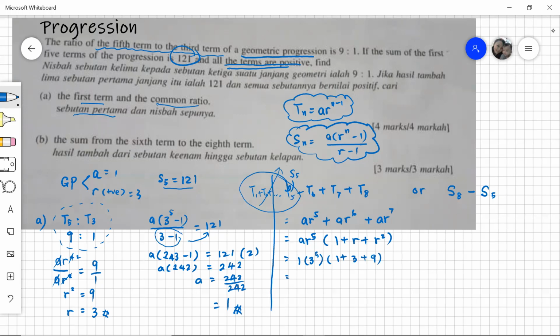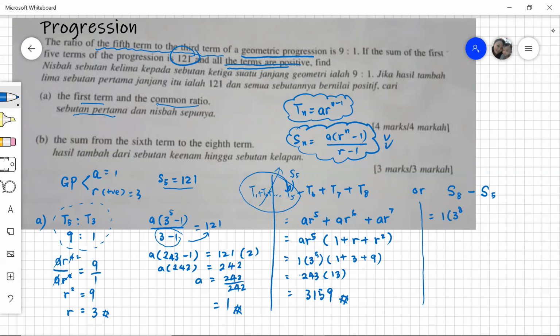Therefore, we have 1 times 243 is 243, and then times 1 plus 3 plus 9, which is 13. Let's multiply them together. We have the answer 3,159.